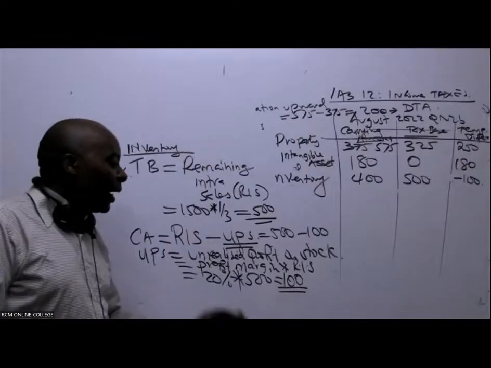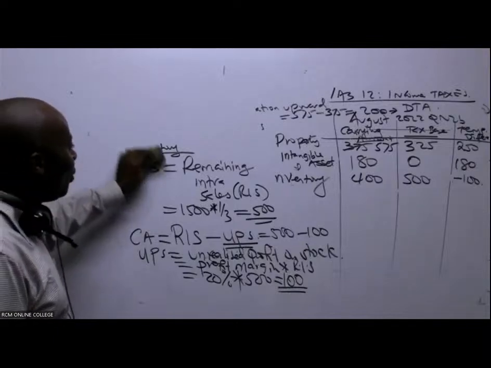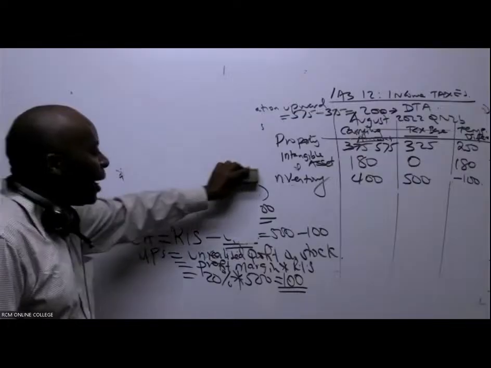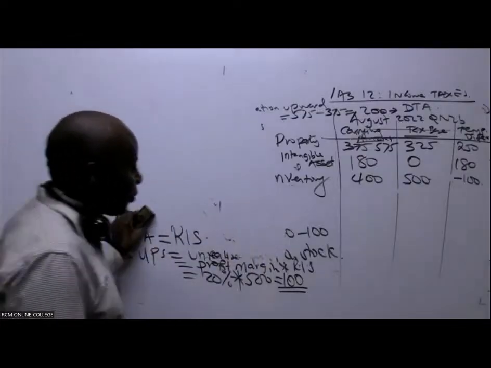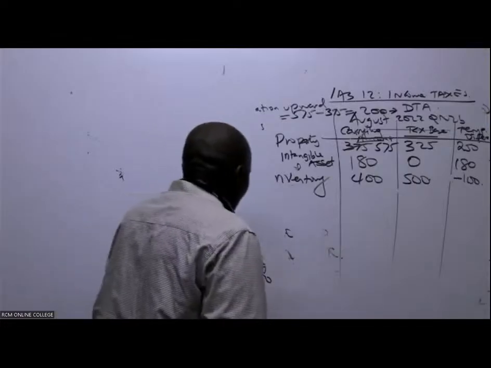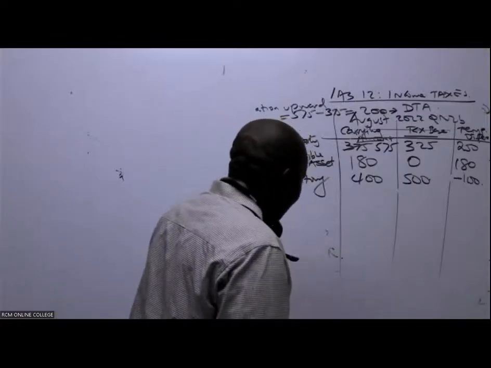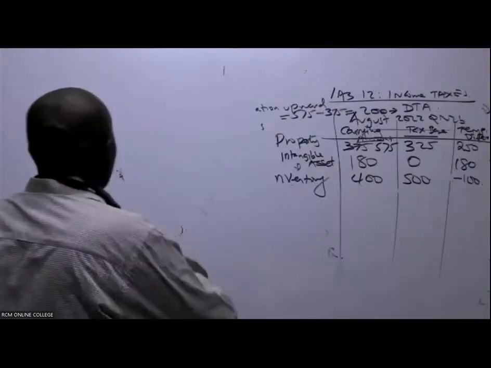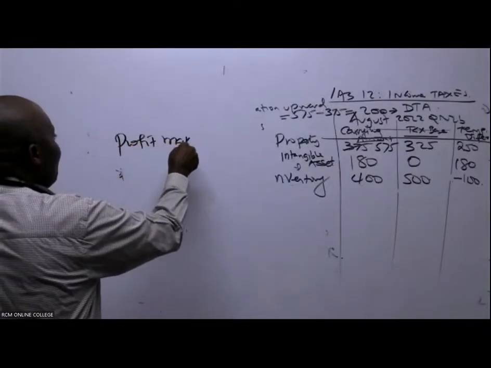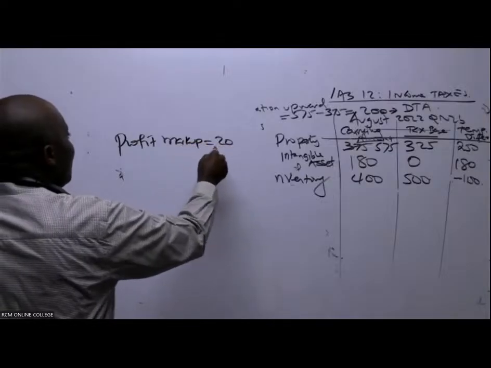However, your examiner will always tempt you. Instead of giving you the profit margin, and I've always seen this, he rarely gives the profit margin. What he will do, this ninja, is come and tell you that the profit markup is 20%.